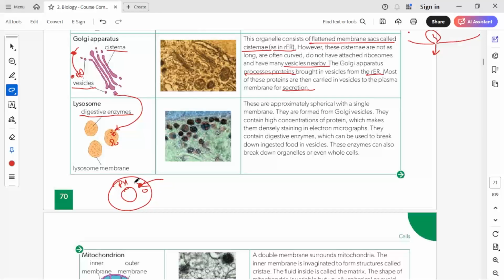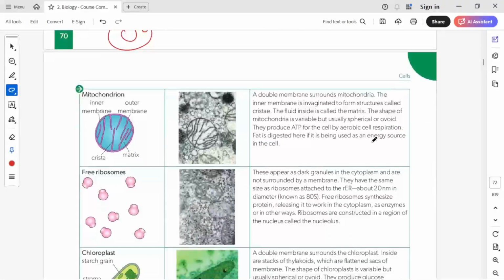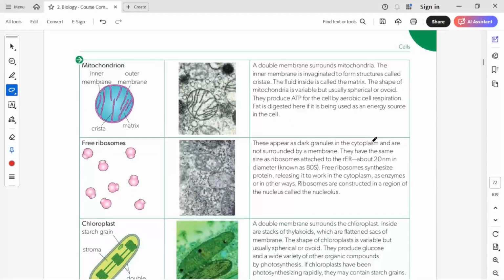Their function is digestion of food. They are formed by Golgi vesicles. They contain a high concentration of protein, which makes them densely staining in an electron micrograph. They contain digestive enzymes and can break down ingested food. So they can break down proteins, carbohydrates, fats, and all types of molecules that are present inside the cell or which are ingested from outside.